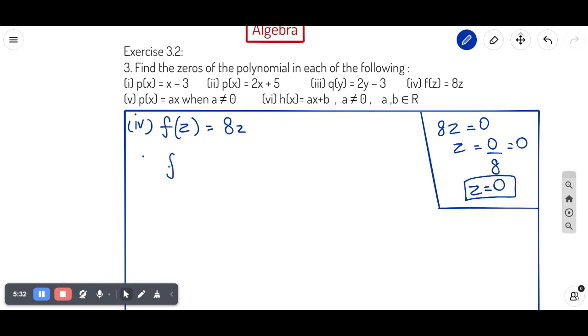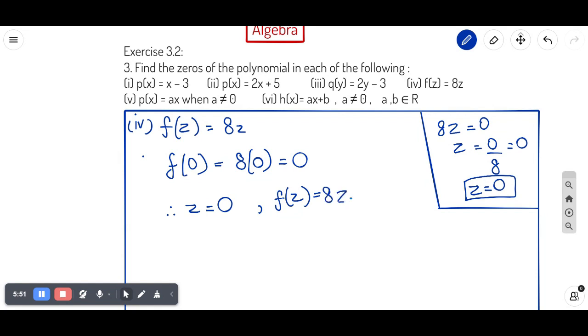So f of 0 is equal to 8 times 0. So what will be your answer? Is equal to 0. So therefore, z is equal to 0 is the 0 of the polynomial f of z is equal to 8z. Hope you understood this. Let's move on to the next question.